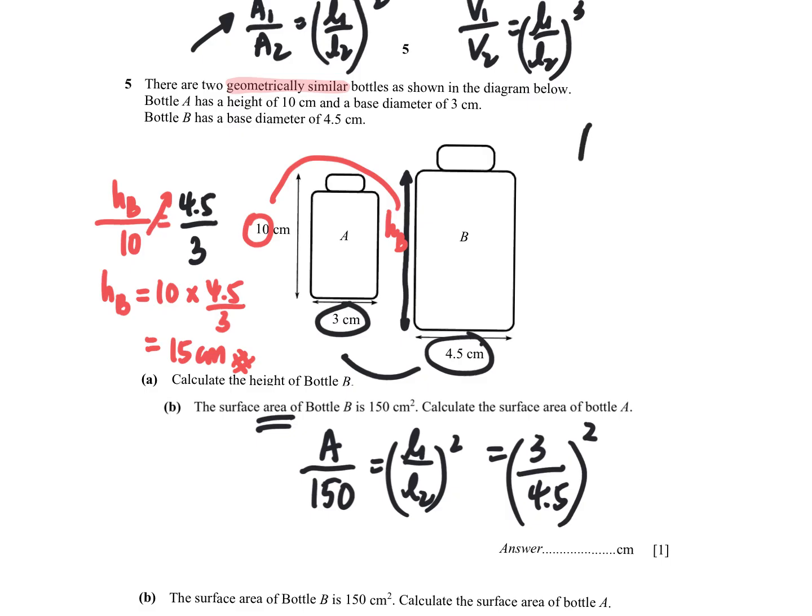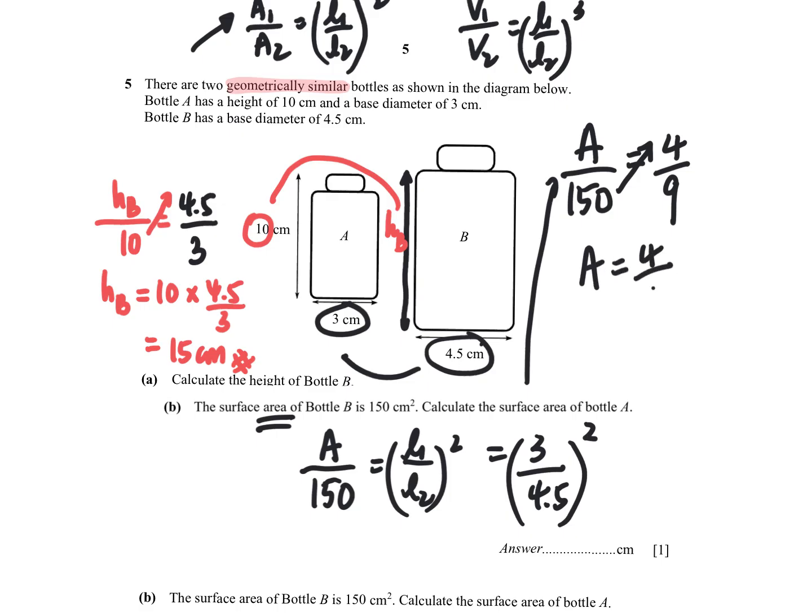Right? So A over 150 is equal to, what's the ratio? 1 and 1.5. 49, yes. Okay, so once you know the ratio, cross multiply. Okay, so that is the area done.